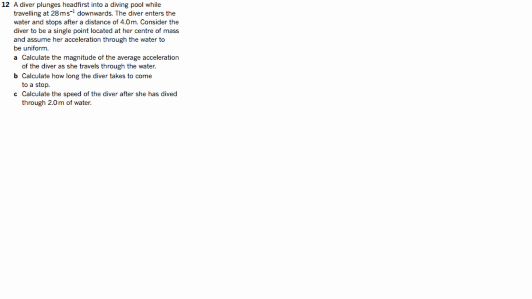So let's write all the variables down. U, V, A, T, S. It says the diver plunges headfirst into the diving pool while traveling 28 meters per second downwards. So that's our initial velocity. Okay, the diver enters the pool and stops after a distance of 4 meters.